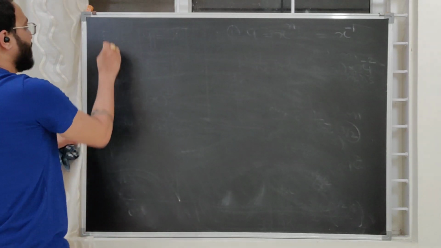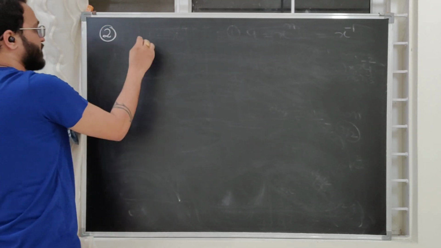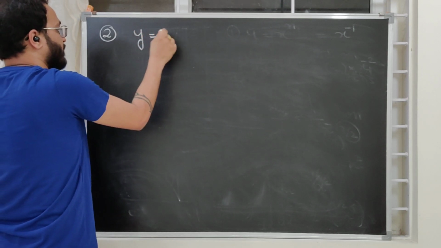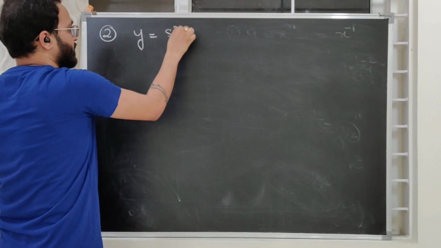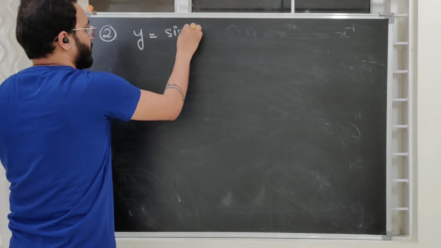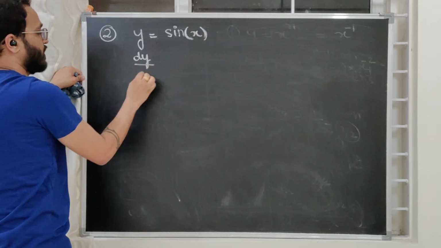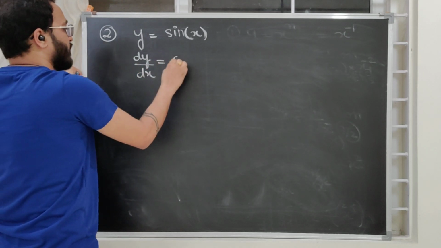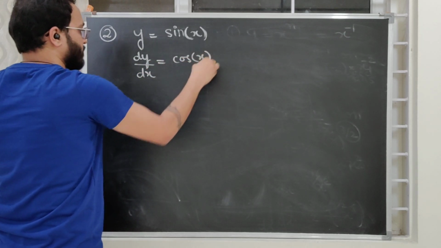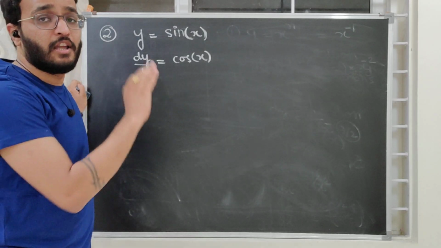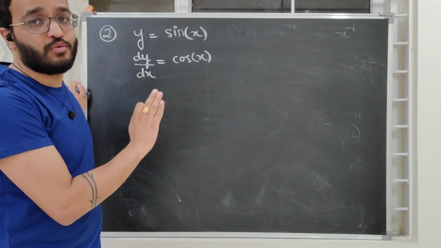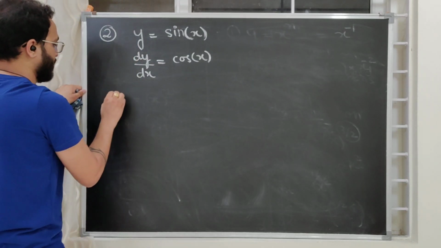Let's move ahead. And the second formula is related to trigonometry. If y is equal to sin x, then remember students, dy by dx will be equal to cos x. Just remember it for now. We will come to every conclusion after few lectures, don't worry.